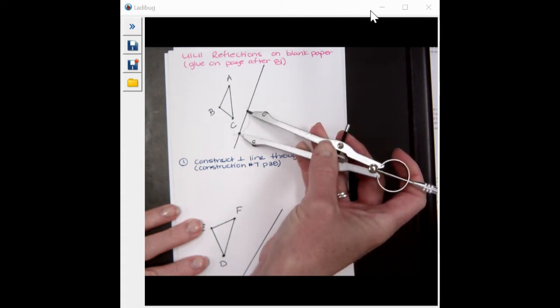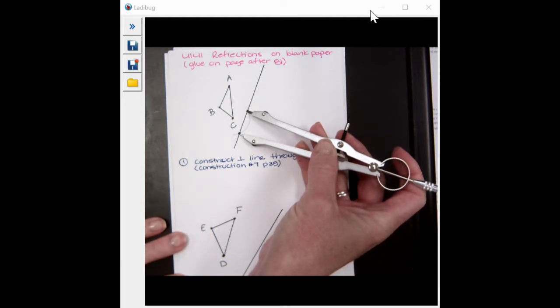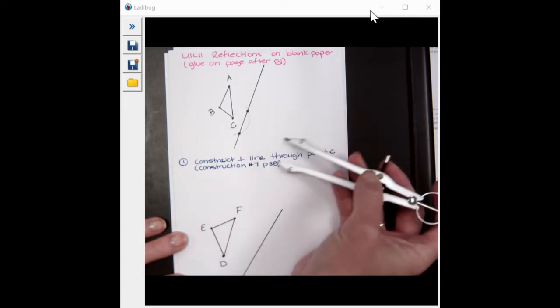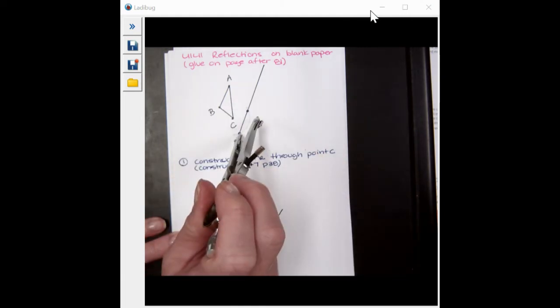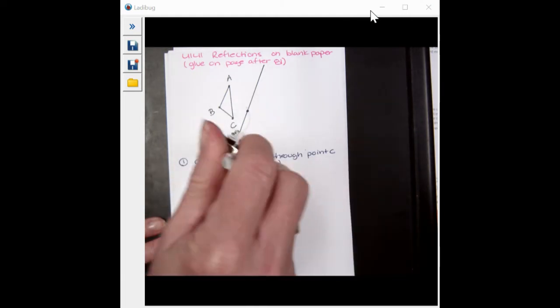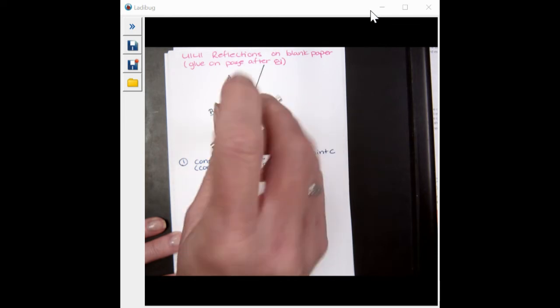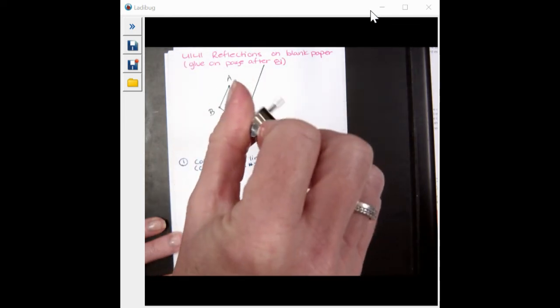And now I'm going to draw, when we did construction number 7, we would draw 2 big circles. We really don't need to draw 2 big circles. I really want an intersection point somewhere over here. So I'm actually going to draw just the top of this circle over here on the right side. You could draw this entire circle if you want.